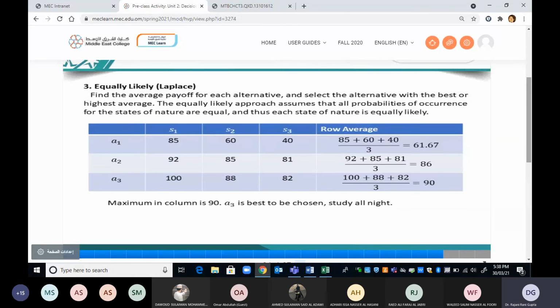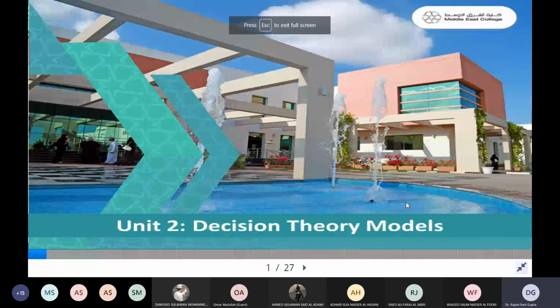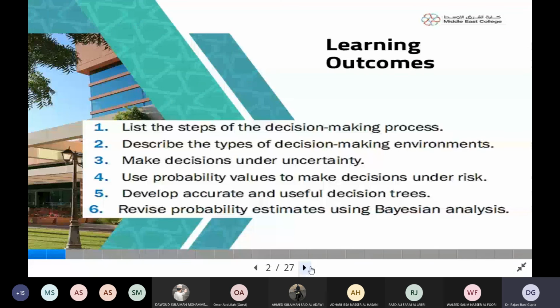So next week, we are going to start with the next unit, which is about decision theory. You are going to learn about the various steps. When we talk about decision, we think that it's not mathematics, it's just making a decision, but this is not the case. Making a decision involves mathematics in one way or another.